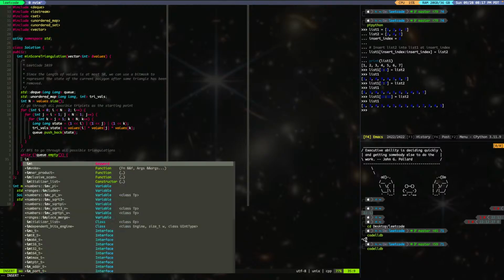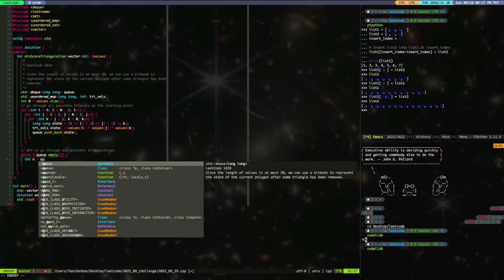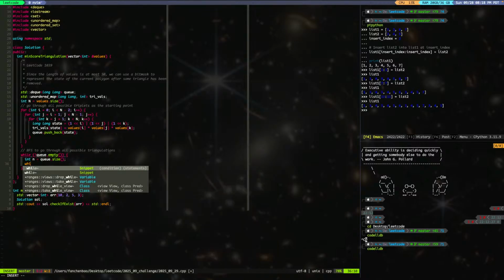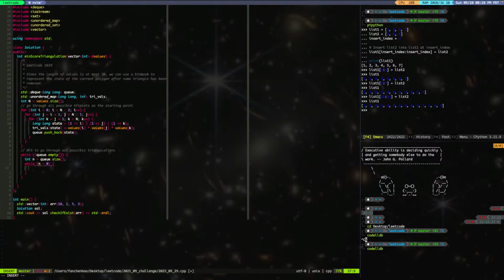So we have int n equal to q.size, so we're going to go through that number of things. We can just do another while: while n is larger than 0, I'll basically pop one out.